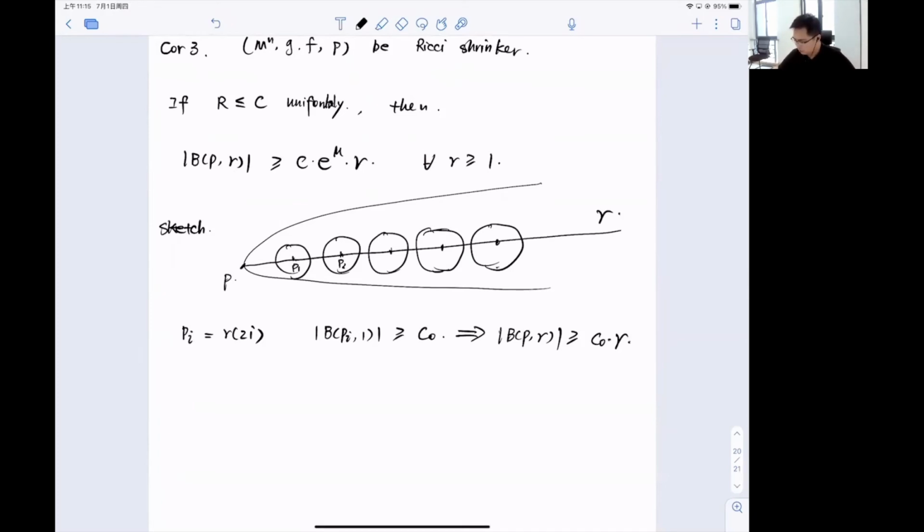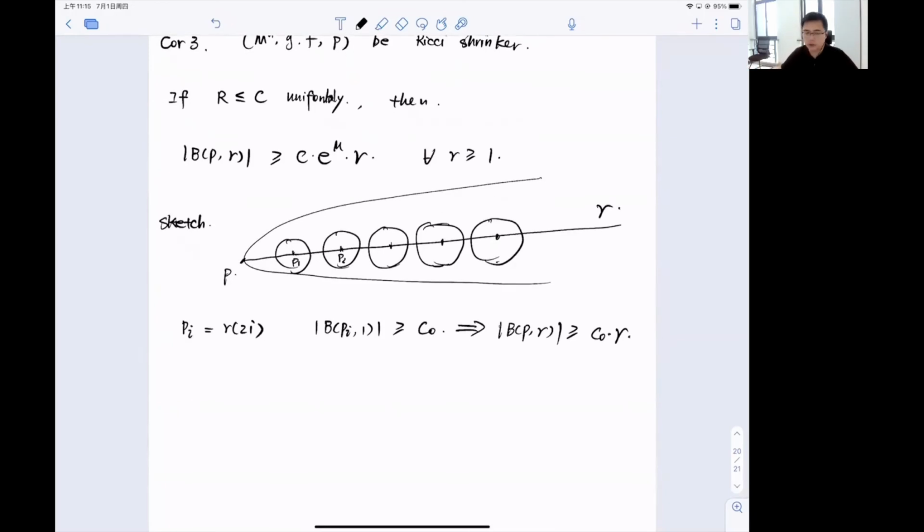Now, with a little bit more careful analysis, you can see this C_0 also depends on e to the mu. Here I will not go into details. Now I just want to mention that it was proved by myself and Wang that this is true for any Ricci shrinkers.